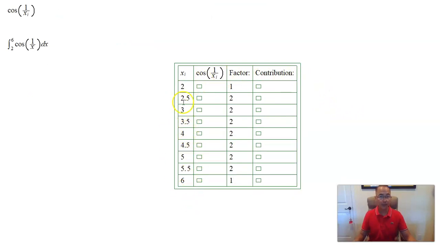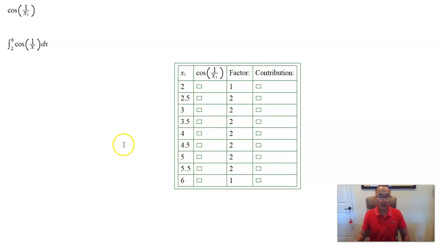So we have our endpoints, 2, 2.5, 3, 3.5, 4, 4.5, 5, 5.5, and ending with 6. Remember, we start counting at 0: x0, 1, 2, 3, 4, 5, 6, 7, 8. So even though n equals 8, we have 9 endpoints since we start at x0.